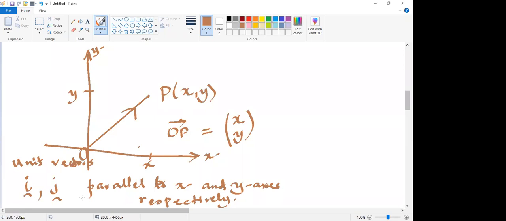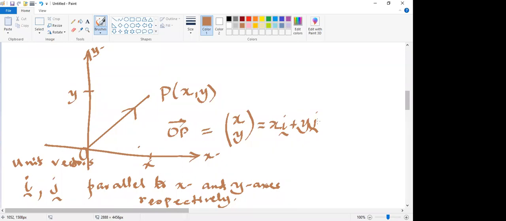So I can express this using the unity vectors I and J as x in the I direction and y in the J direction. So the vector xy can also be expressed as xi plus yj.